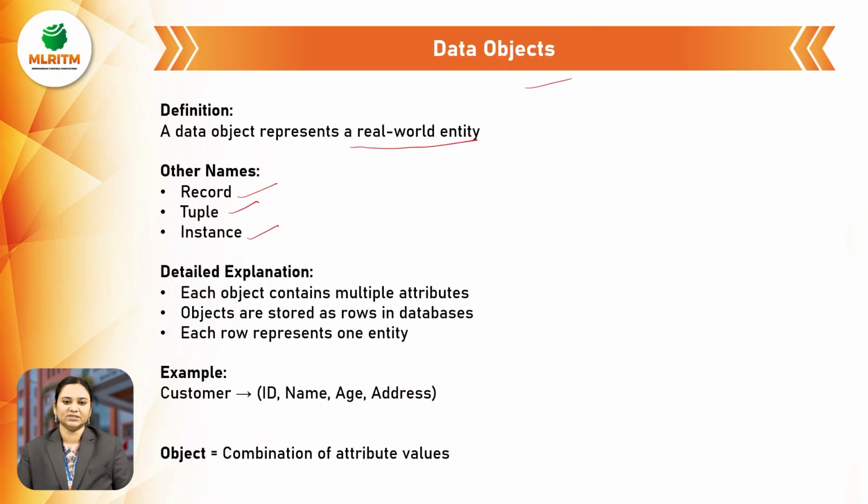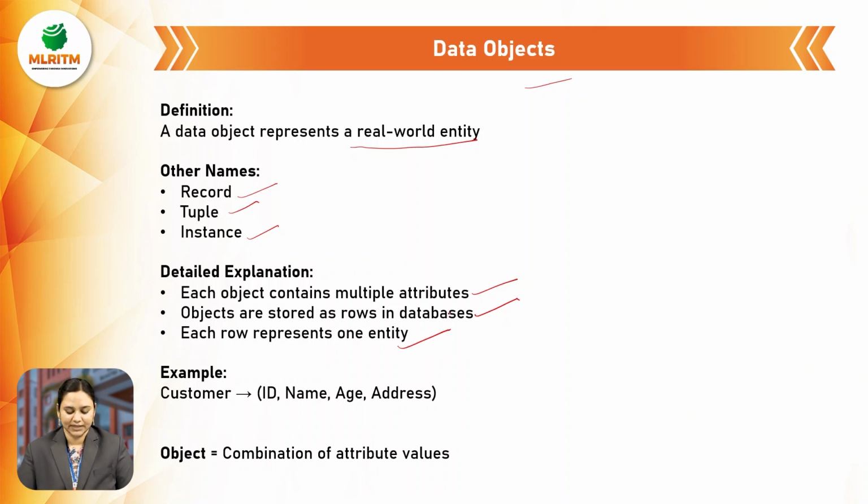Here we can observe each object contains multiple attributes, which means every object has multiple attributes. After that, objects are stored as rows in databases. Each row represents one entity, which means each and every row represents one entity.